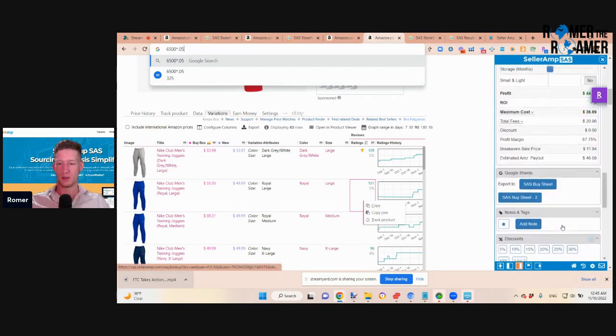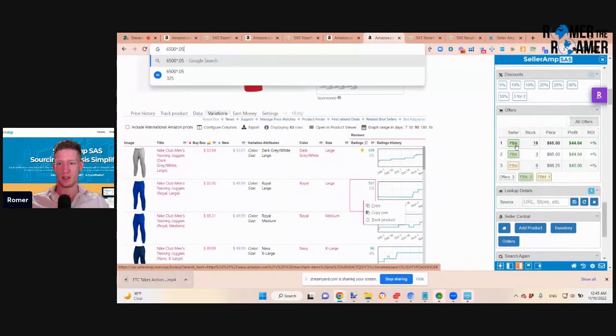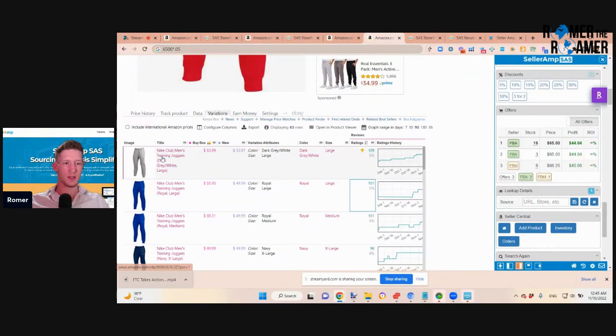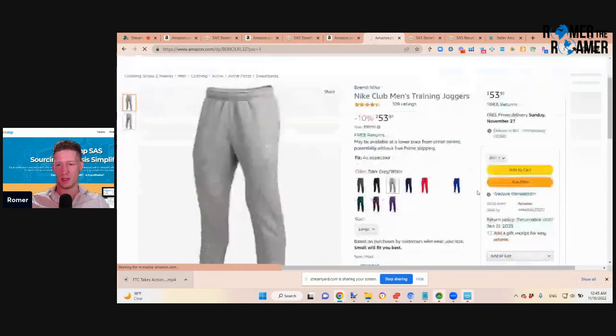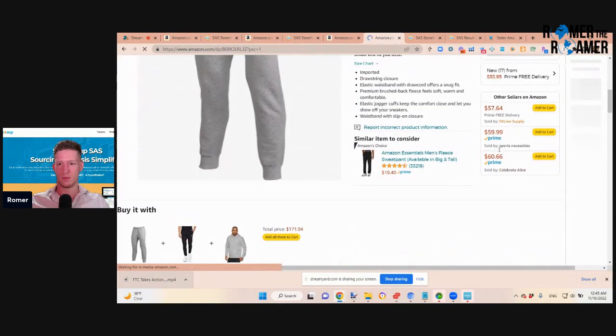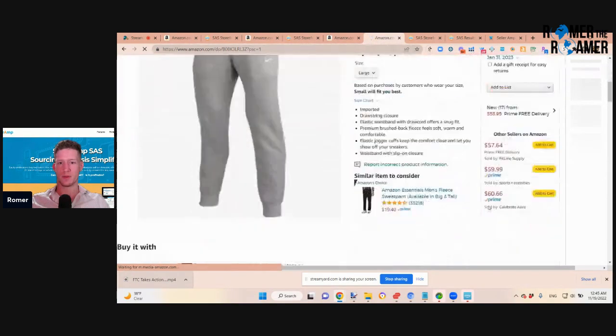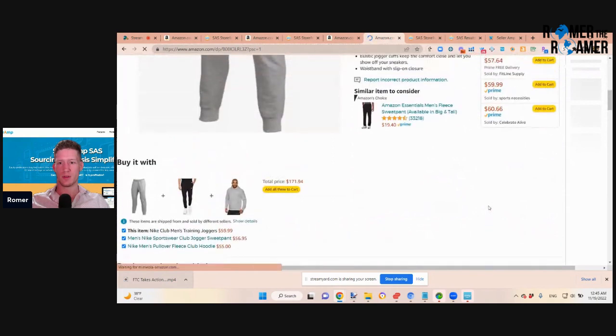Then what we would do is look at the competitive sellers. If we're looking at this specific listing here for the gray, we would just look at sellers that are buy box eligible. So we have one. Let's see how many.